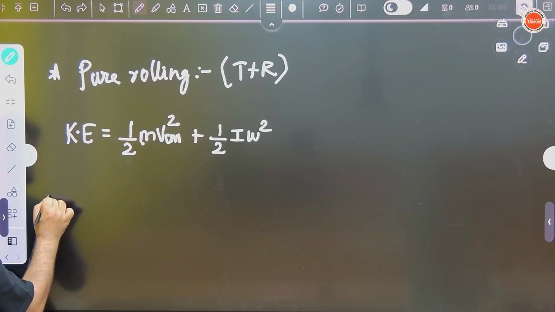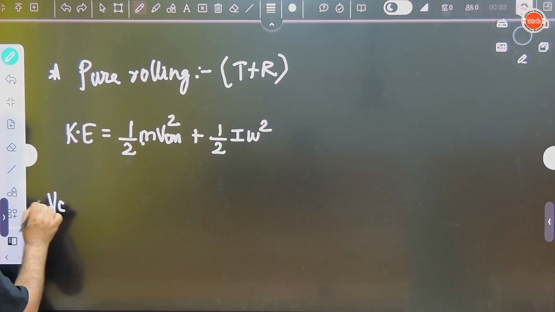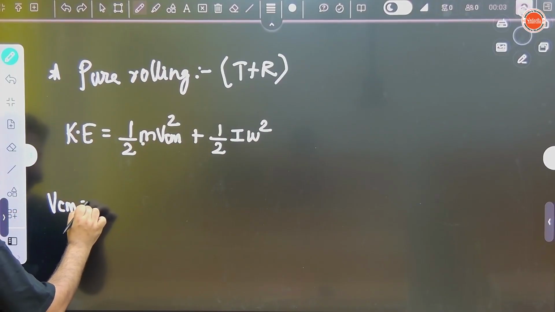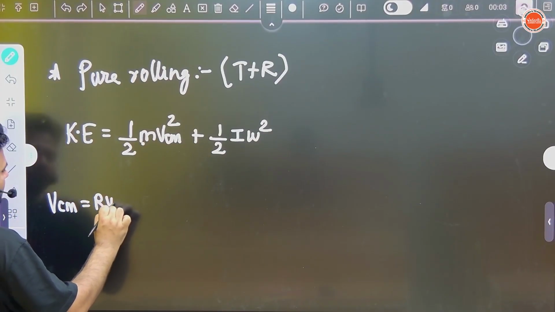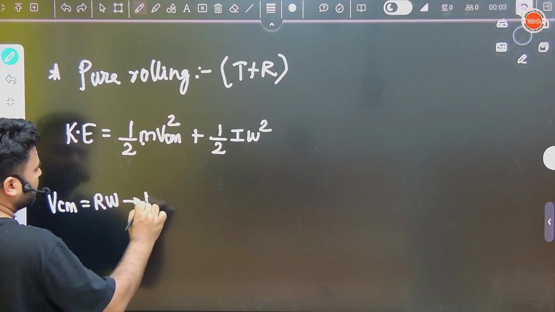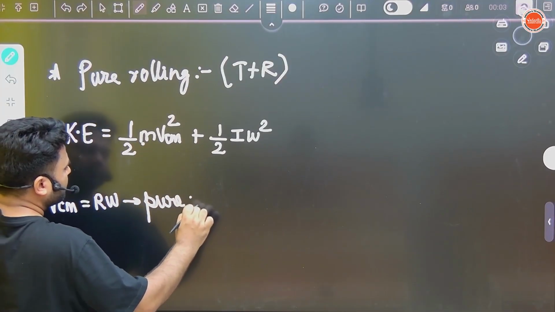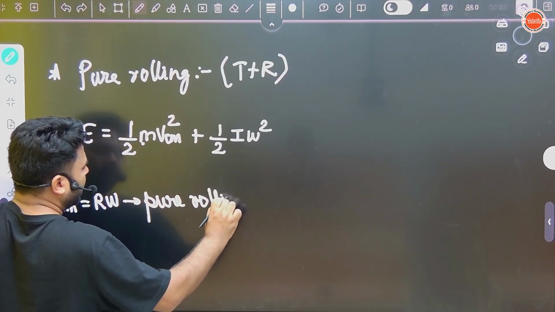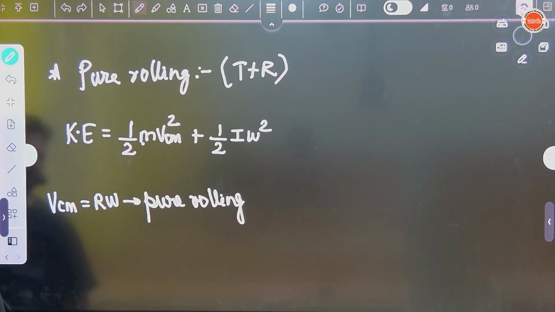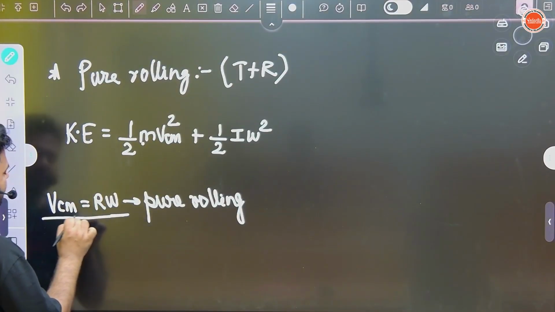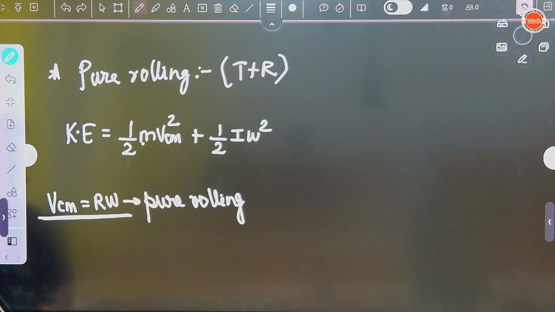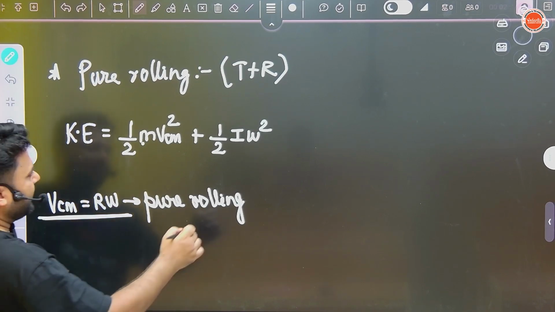Now we know that VCM equals r omega in case of pure rolling. I told you the condition for pure rolling: velocity of center of mass equals r omega. So what can we write?